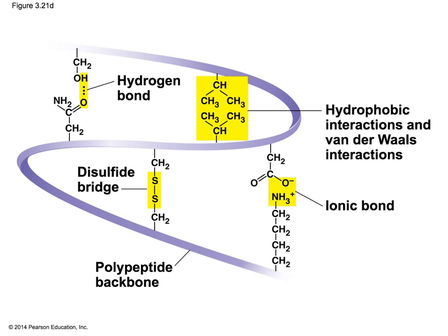This is called a disulfide bridge, two sulfurs, and you're putting a bond between them. Okay? And then finally, you could have ionic bonds. If I told you that there's a protein that has lots of cysteines, and they form many disulfide bridges, do you think that protein will be more stable than a protein that does not have cysteines or disulfide bridges?